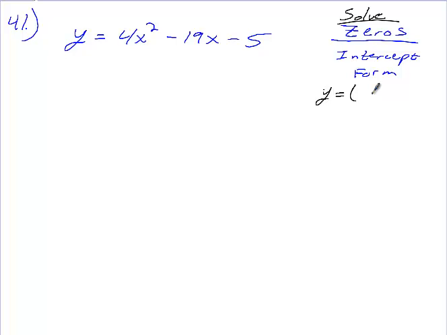Standard form, y equals ax squared plus bx plus c. Vertex form, y equals a, parenthesis, x minus h, parenthesis, squared plus k. Anybody remember intercept form? Y equals, well, there's an a out front, a, parenthesis, x minus p times x minus q.